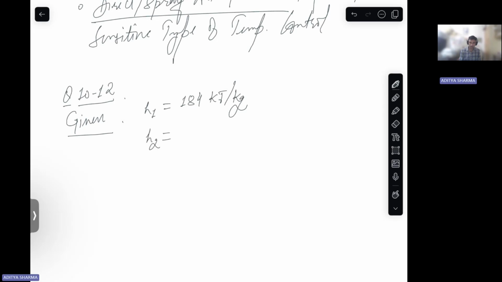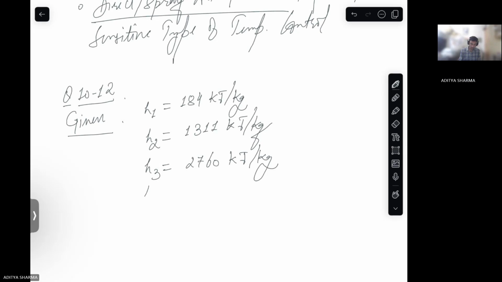H2 is given as 1311 kilojoules per kg. H3 is given as 2760 kilojoules per kg. H4 is given as 3489 kilojoules per kg.